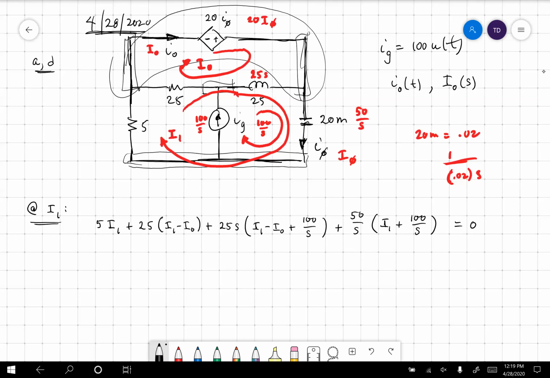Cleanup time. So let's see, for the I1s I have, actually I can divide by 5. It's 5, 5, 5, 10. Let's do that right now. Now, let's add my I1s. So I have 1 and 5 is 6. So I have 6 plus 5S plus 10 over S. All of that multiplies my I0 terms.